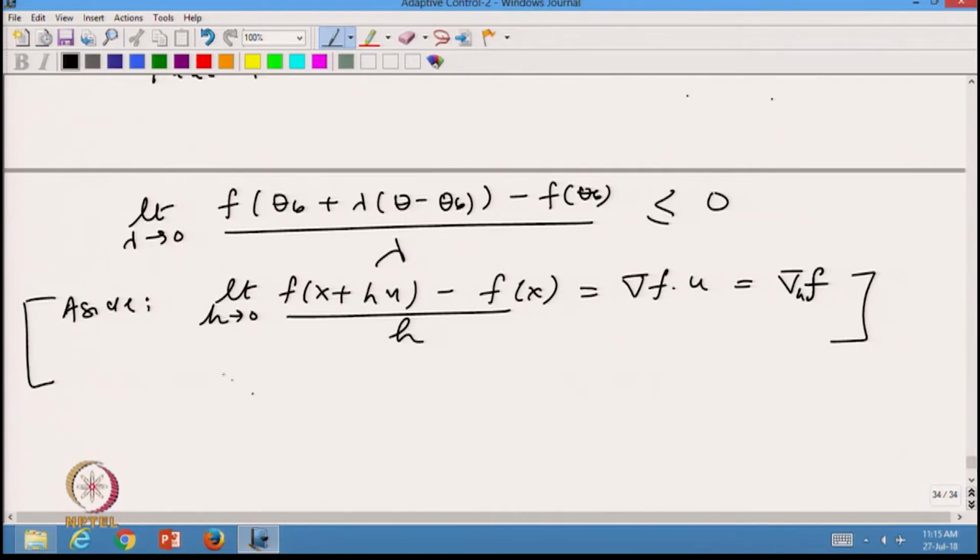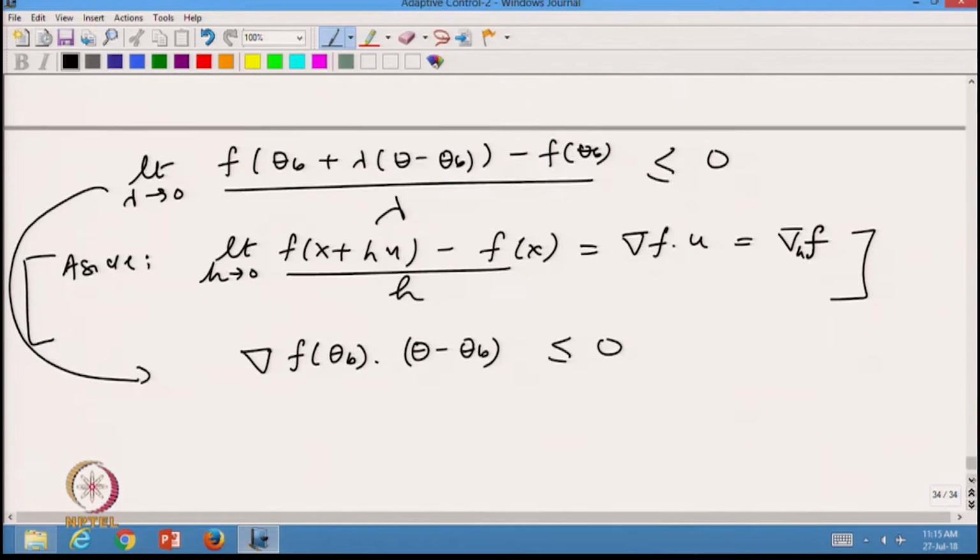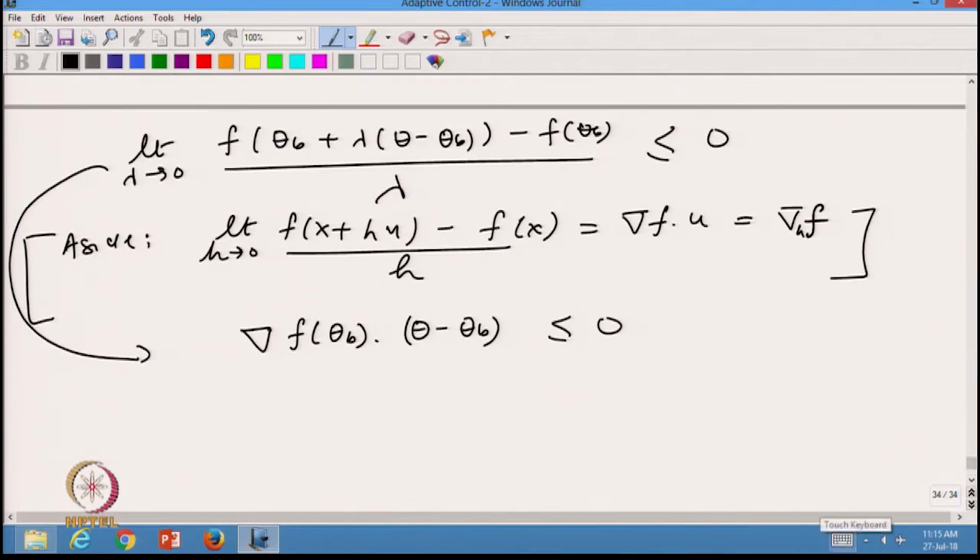So we use this for the expression that we got above, and what we can say is that this is equivalent to the gradient of f evaluated at theta b dotted with theta minus theta b, and that is less than or equal to 0. You can write this in matrix-vector notation, and it boils down to theta minus theta b transpose gradient of f of theta b less than or equal to 0.